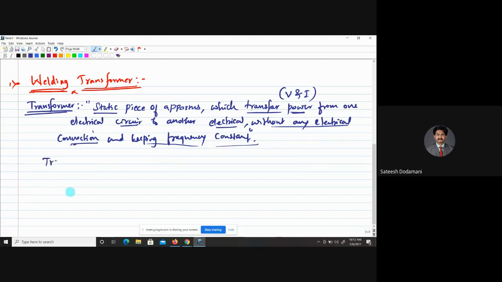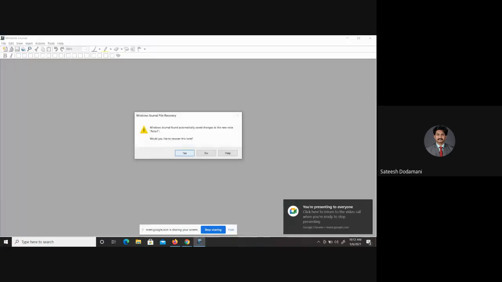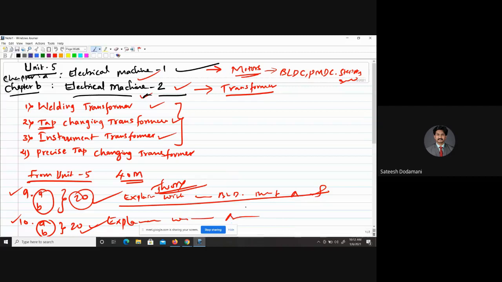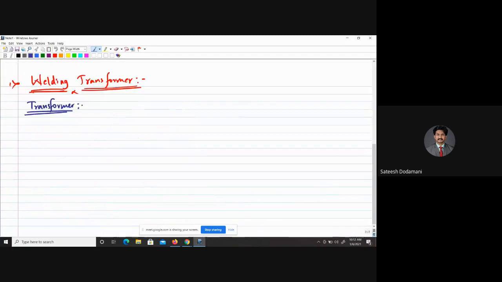While transferring the power, that power which includes voltage and current, this voltage level may increase and this current level may decrease, or this voltage level may decrease and current level may increase, but keeping power the same. That is the difference.